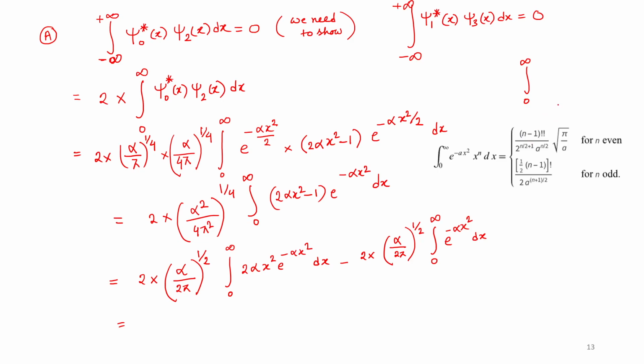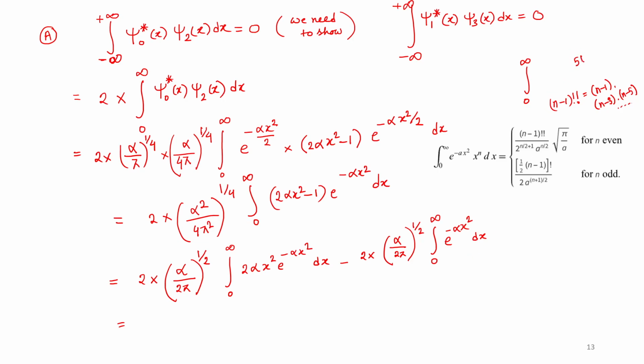I have mentioned in the last class that double factorial means n minus 1, n minus 3, n minus 5, like this. What do I mean by that?